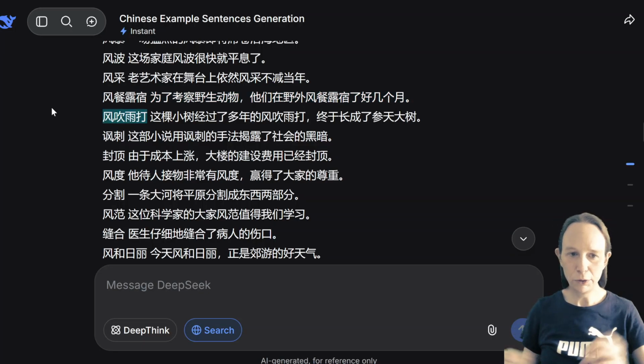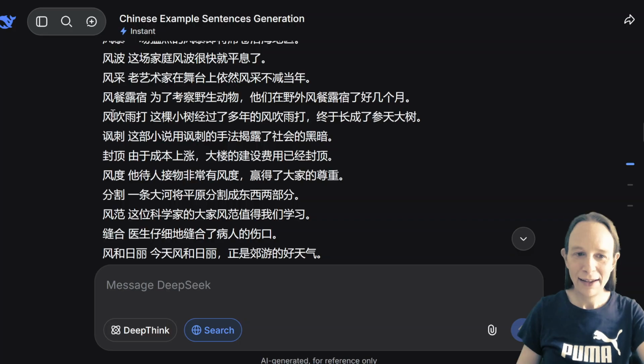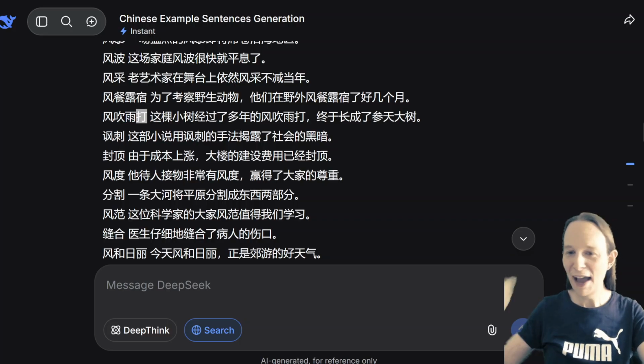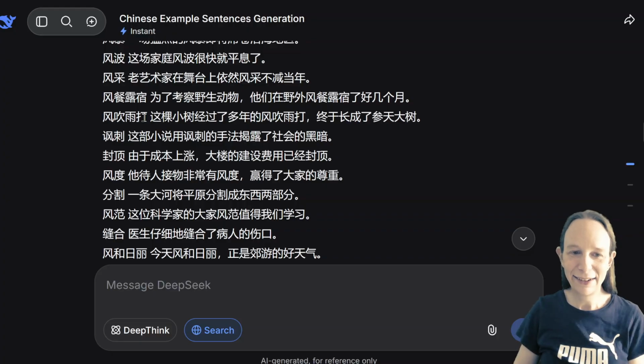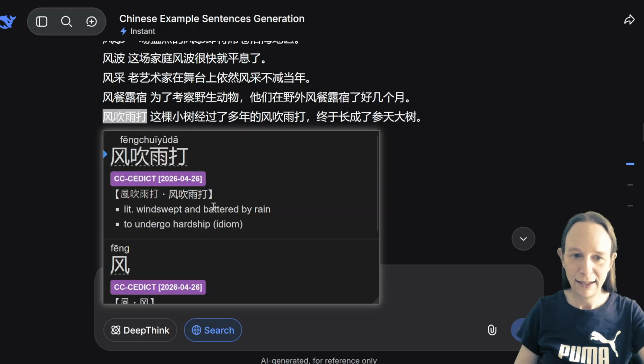Anyway, 风吹雨打. Yeah, also pretty obvious from the characters, right? The wind blows and the rain bashes into things. So it looks like a storm, or is used to describe a storm or something like this.